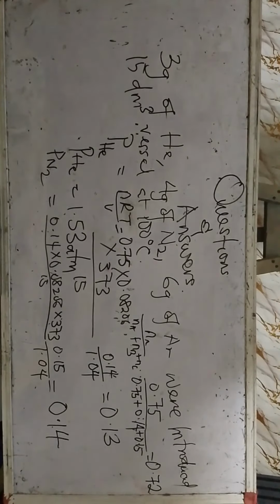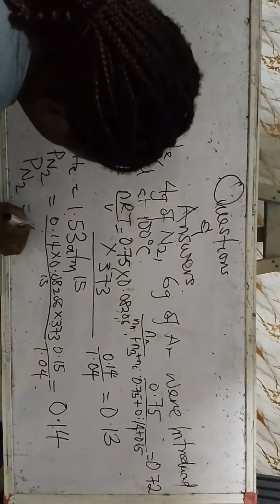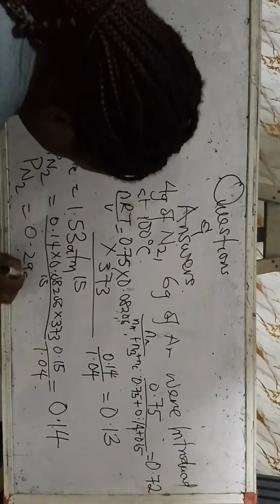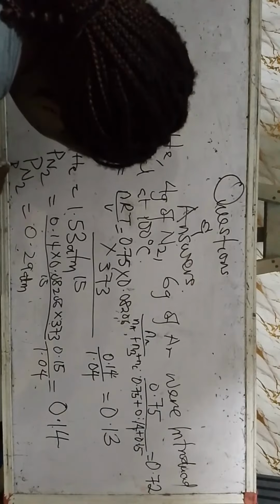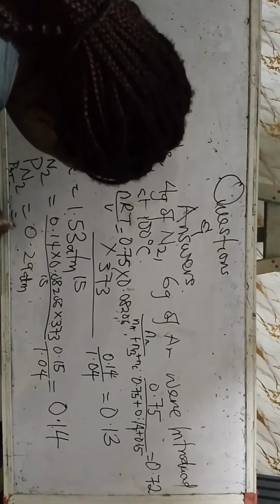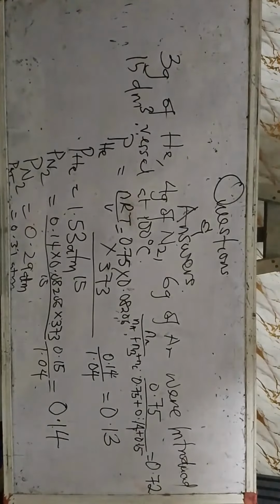That is the partial pressure of nitrogen, 0.29 atm. And that of argon, someone calculated to be 0.31 atm. So to get the total pressure of the system, you will add the three partial pressures together.